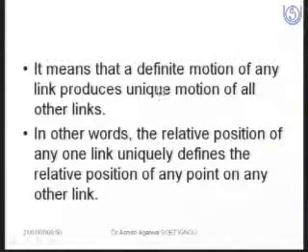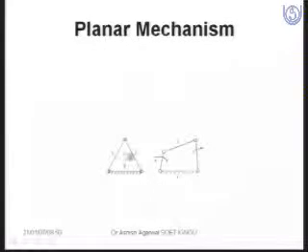It means a definite motion of a link produces a unique motion in other links. Similarly, the relative position of one link defines the relative position of any point on any other link. These are examples of planar mechanisms. This is a 3-bar mechanism, and this is your 4-bar mechanism.